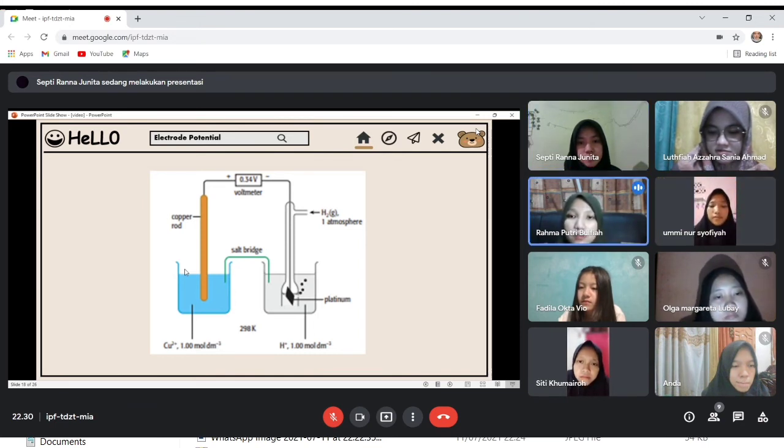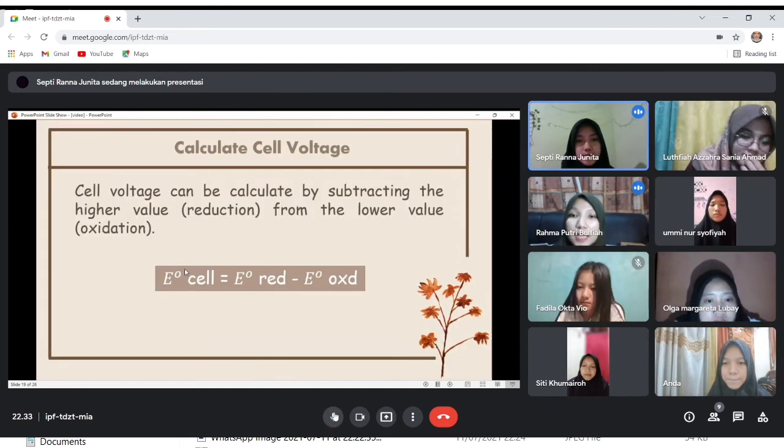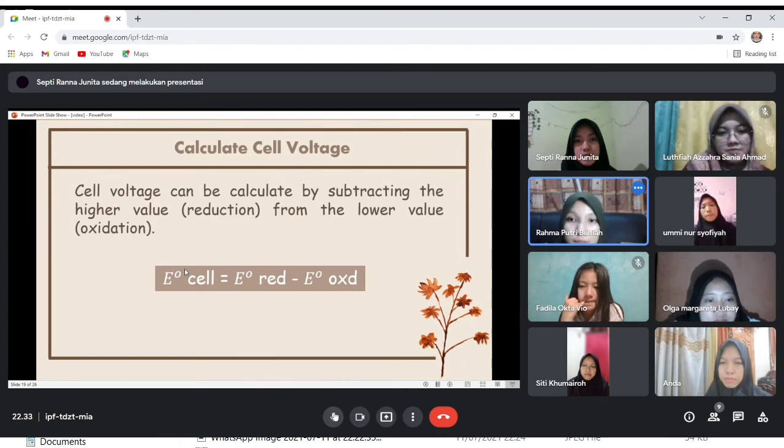Okay, that is good. It seems you really understand the standard electrode potential value from a half cell. And then we will learn how to use the standard potential value to predict cell voltage. What do you know about using standard potential values to predict cell voltage?